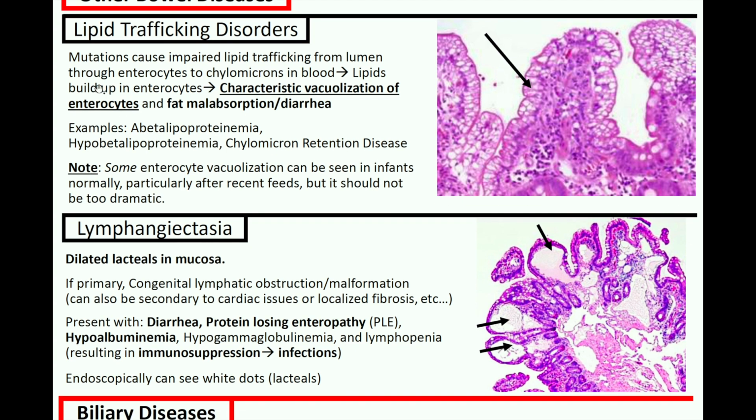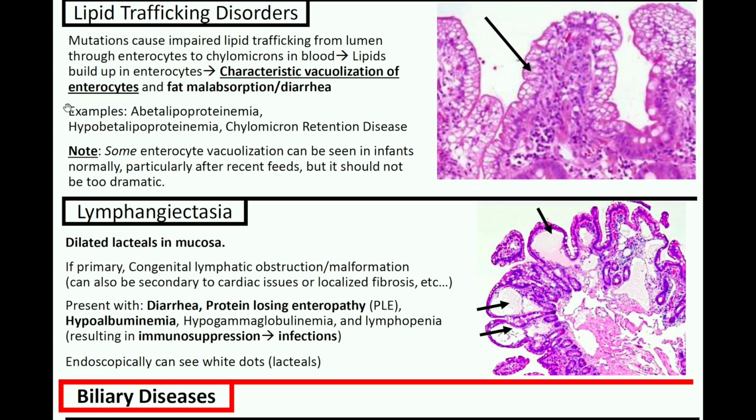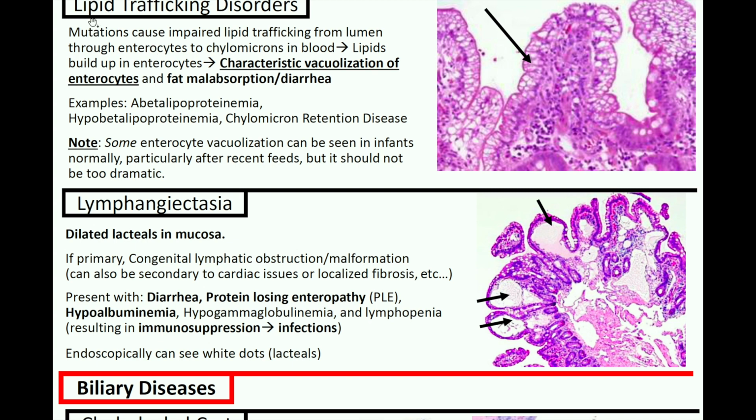So some other bowel diseases, you can have lipid trafficking disorders. This is caused by mutations which cause impaired lipid trafficking from the lumen through enterocytes to the chylomicrons in the blood, which causes lipids to build up in the enterocytes, which gives this characteristic vacuolization of enterocytes and fat malabsorption or diarrhea.